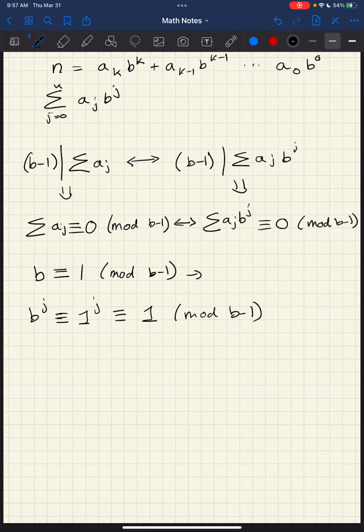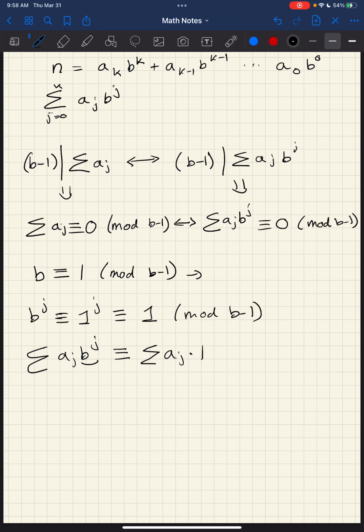Okay, having proved that, we can replace this part here by 1, so we can say the number is congruent to the sum of the digits times 1, right?